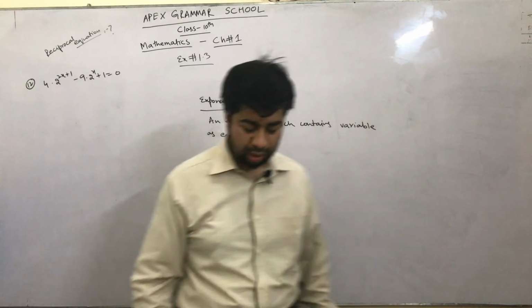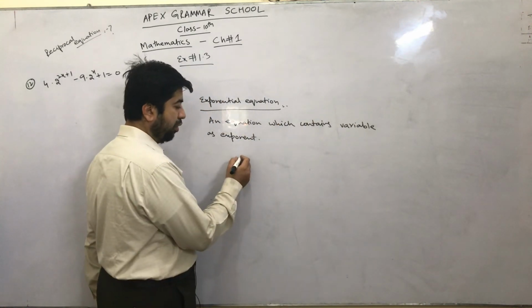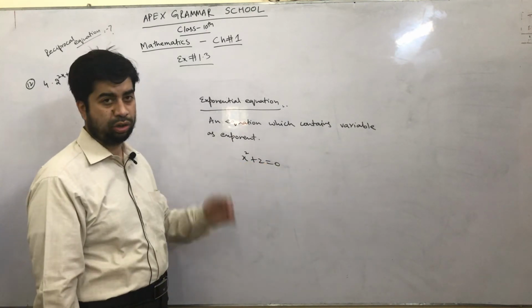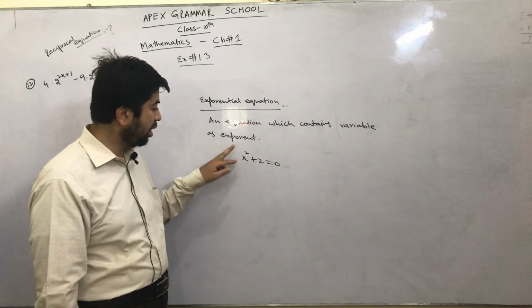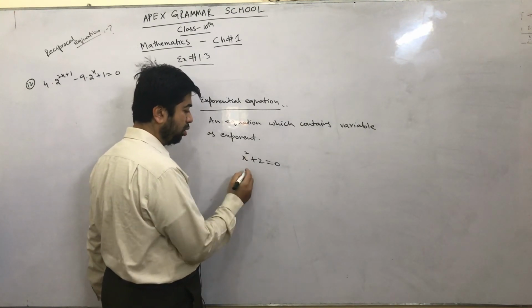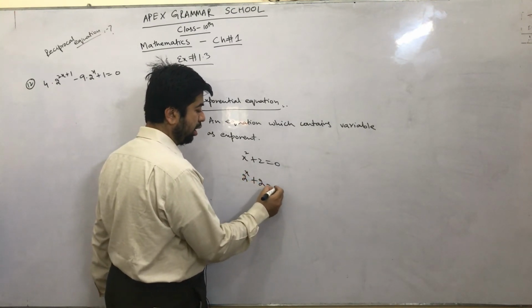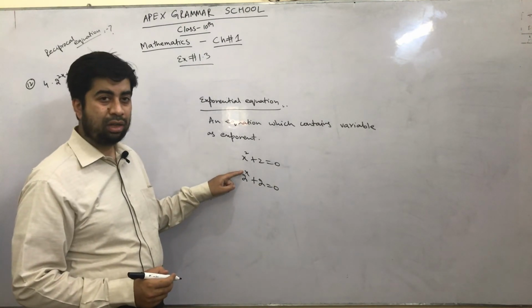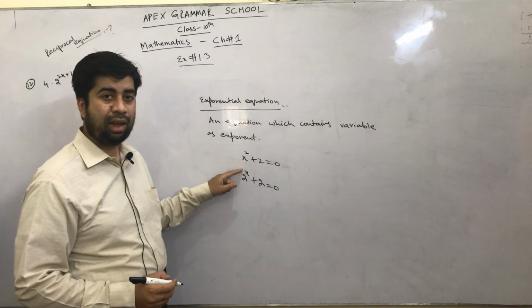For example, if we write x square plus 2 is equal to 0, this is simply the quadratic equation. But if we revert it, like 2 is on the base side and x is on the power, you see that the variable acts as an exponent.